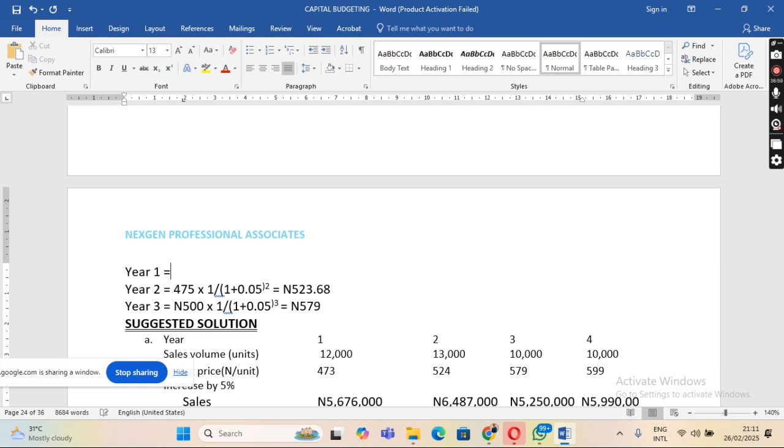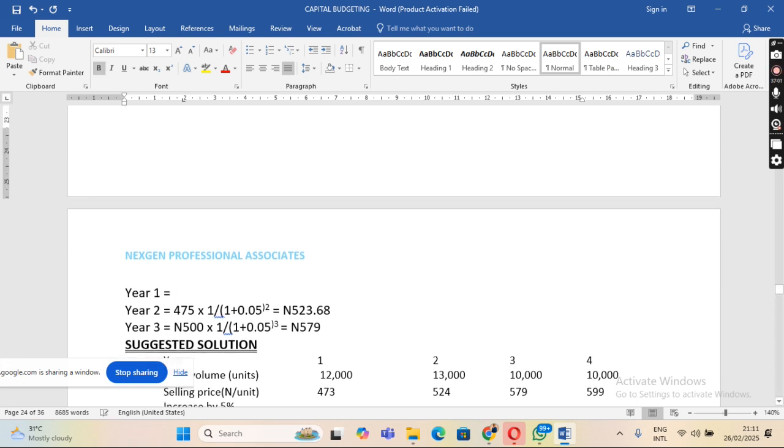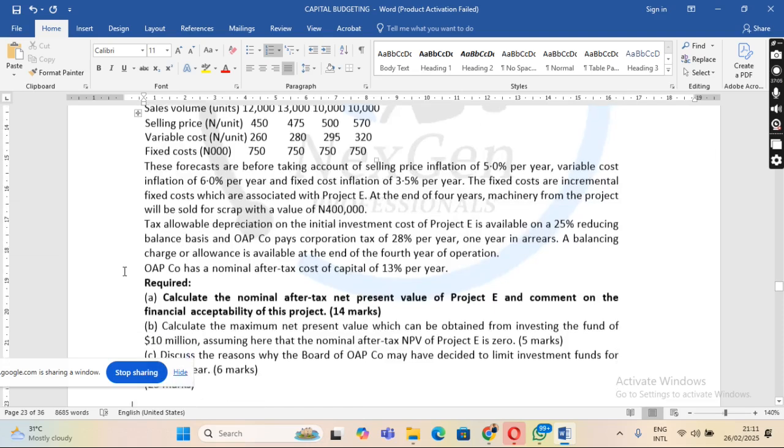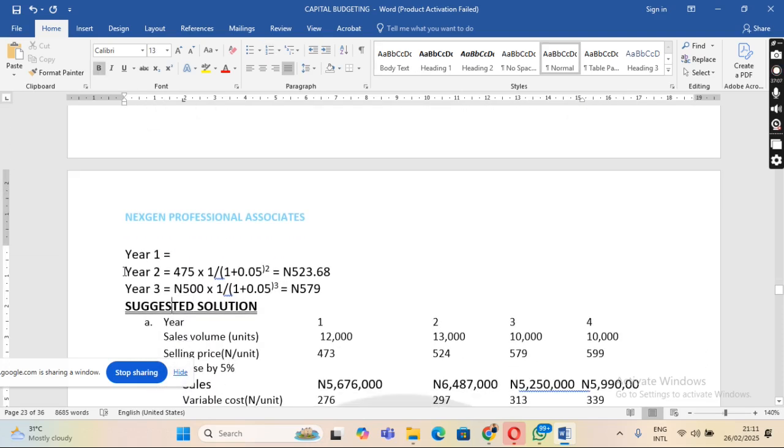What is the figure for year 1? 450. 450 times 1, you have the same thing. It's supposed to be the same thing. So raised to the power of 1, what do you have for year 1? Then year 4.